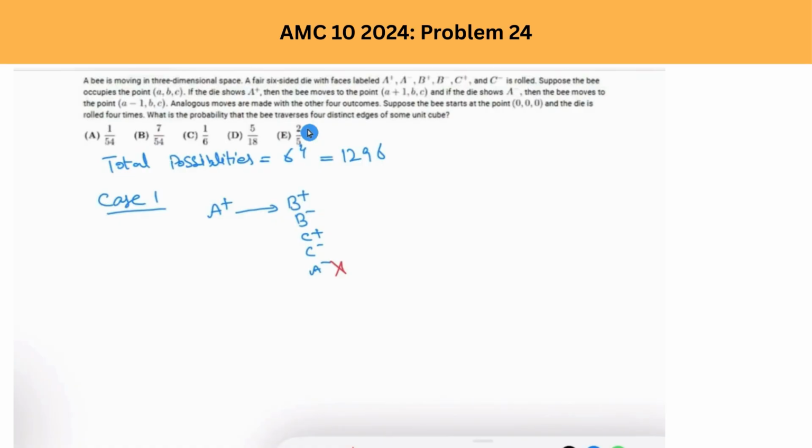Once it goes to B plus, then the third move can be A minus, and then the fourth move could be B minus. Similarly, the path can be taken for the other options as well. For example, from A plus to B minus, then to A minus, and then to B plus. So the total options that we get from here are basically 4 paths.